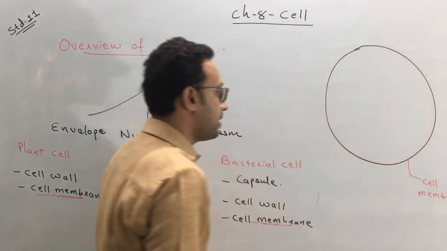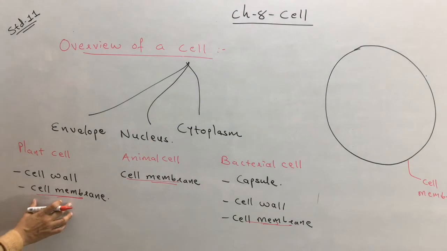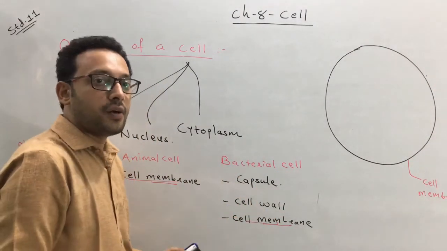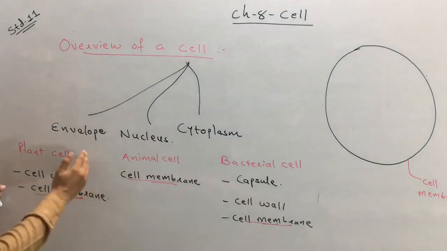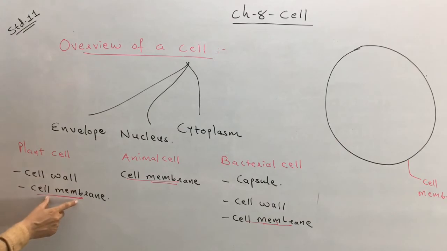So the cell membrane is present in the animal cell, the plant cell, and the bacterial cell. Now if you consider the plant cell, it has two boundaries. The outer one is the cell wall, the inner one is the cell membrane.